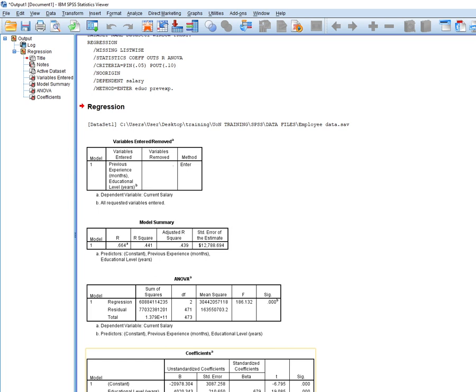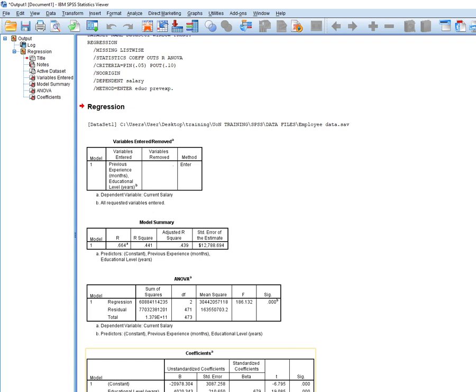But if you look here now, we're saying what? If previous experience changes by 1 unit, while holding all the other factors constant, then salary, let me do that again. A unit change in previous experience, while all the other factors are held constant, means somebody's salary will increase by this amount.